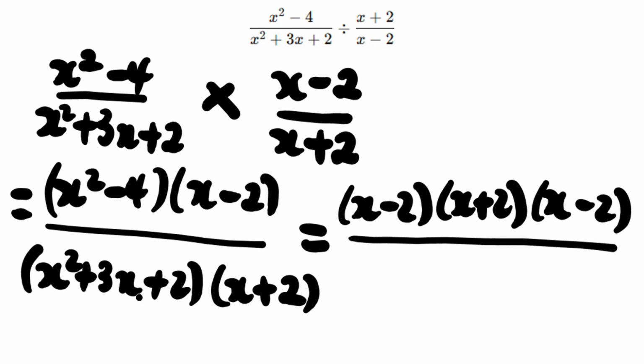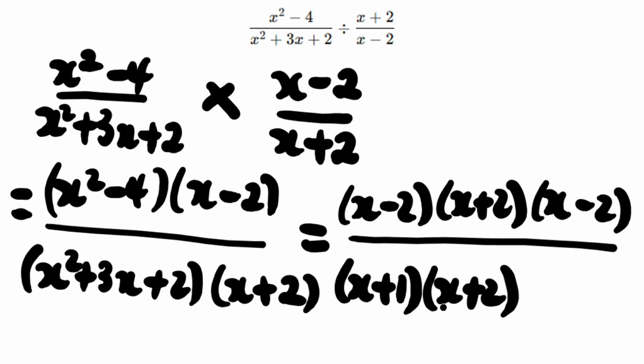Now let's try this one. Can we factorize this? If you factorize this, we are going to have x plus 1 to multiply x plus 2, and then there's already x plus 2 multiplying here. So let's see if something can be simplified. There's one x plus 2 here, and this x plus 2 can go away. There's x minus 2, x minus 2, but there's no x minus 2 at the bottom.